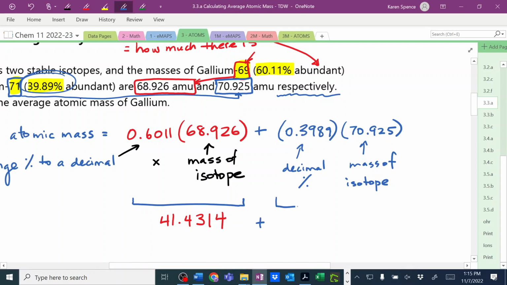Plus 0.3989 times 70.925 equals 28.291, or sorry, 28.29. There we go.